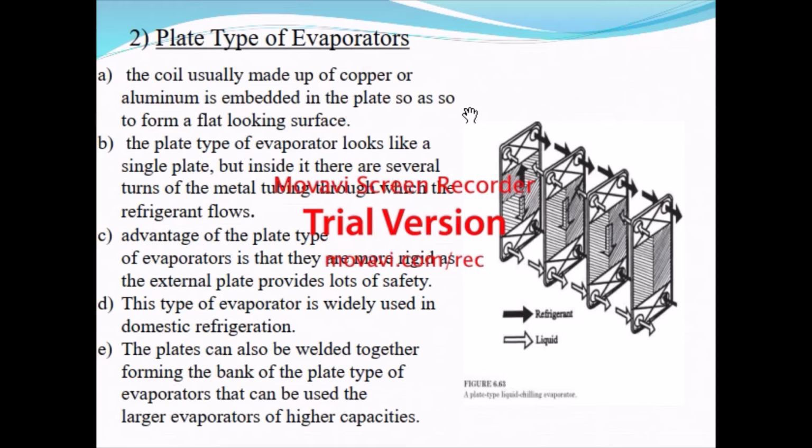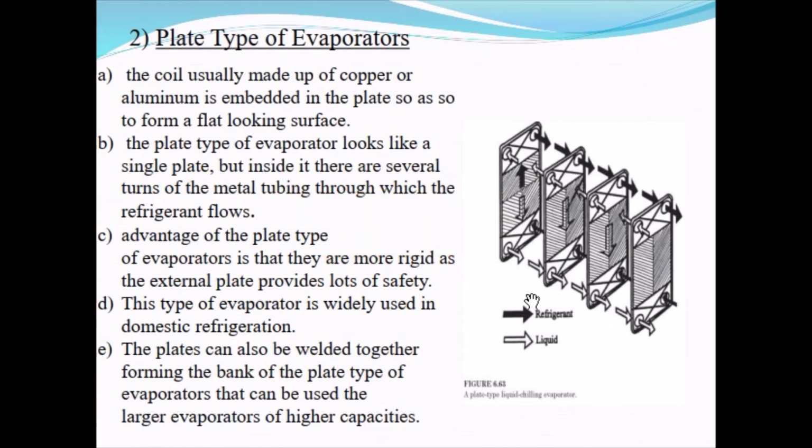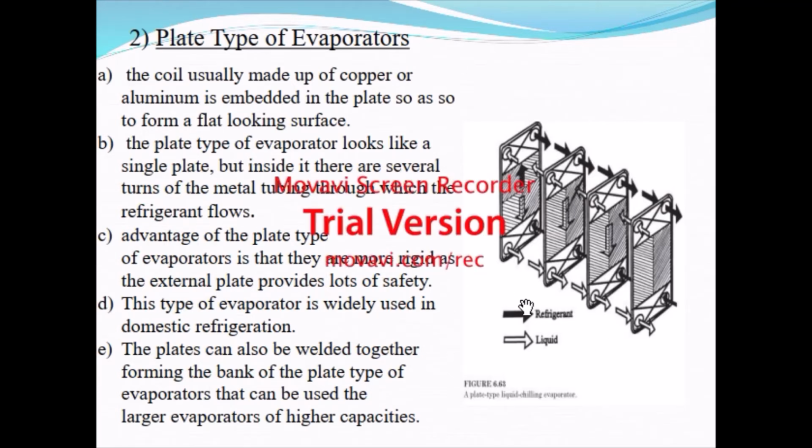Okay, so the construction of the evaporator you can see in the figure. Layer by layer, every layer is considered a split of our evaporator. So the liquid will flow through every single plate.